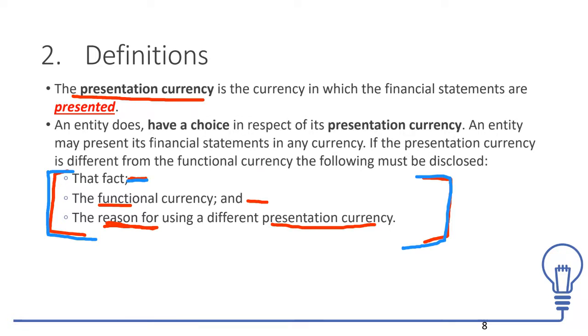So we need to explain why this is our functional currency, and if there is a reason, what is the reason for presenting in a different currency to the functional currency. So what is the reason to use the presentation currency? So we need to explain the fact that there is one, then we need to explain why those two currencies are involved in our financial statements.